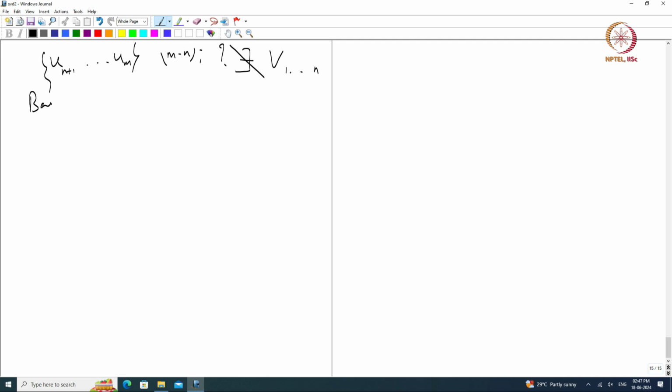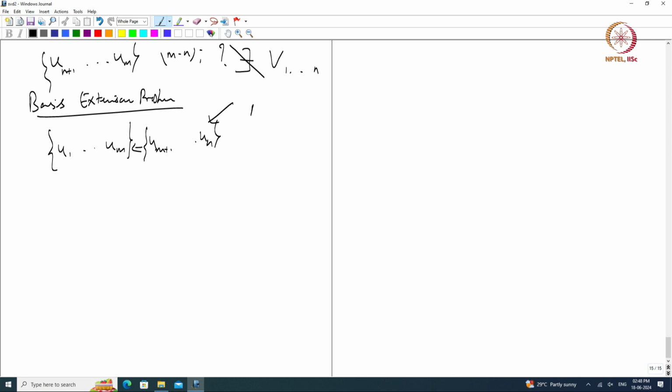This is similar to what is done as a basis extension problem. What is basis extension? Now you have a basis u1 to un, extend it to un plus 1 all the way to um.